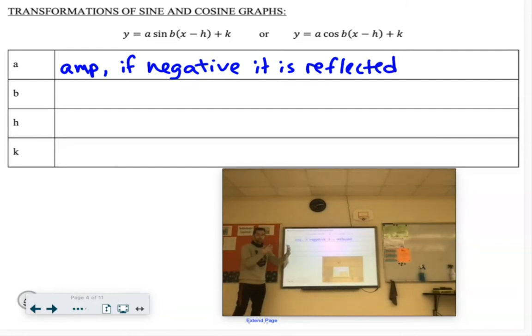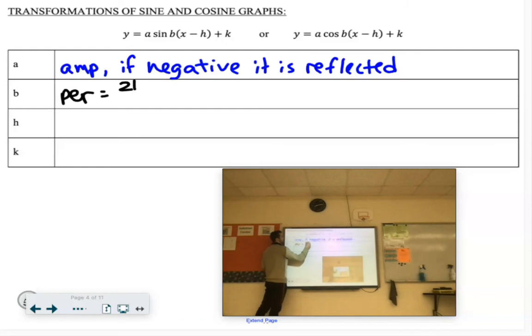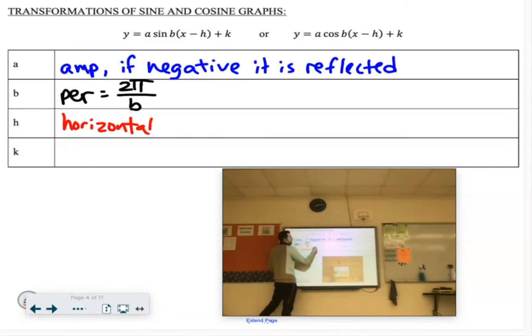B, again, affects the period. So period is going to be 2 pi divided by b. H, if you look, is the one that's grouped in with the x. That is your horizontal translation. If it says minus h, that goes to the right. If it says plus h, that would go to the left.